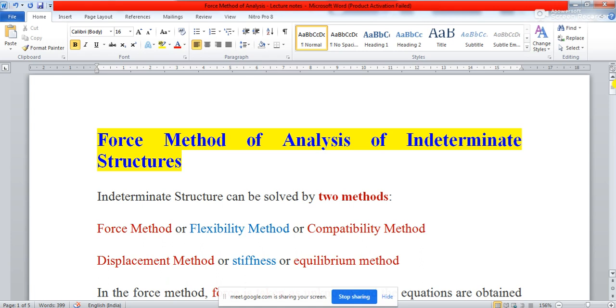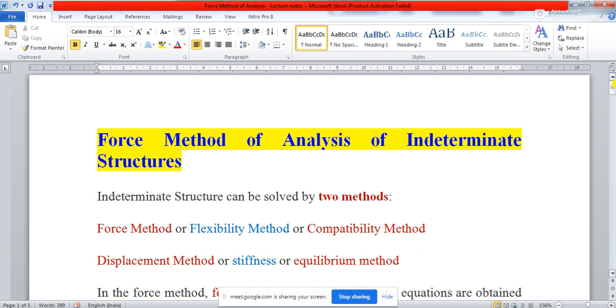Basically deflection of the determinate structure at any point because of any load. It may be a point load, a uniformly distributed load, or a combination of uniformly distributed load and point load. So the deflection at a particular point you should be able to calculate.